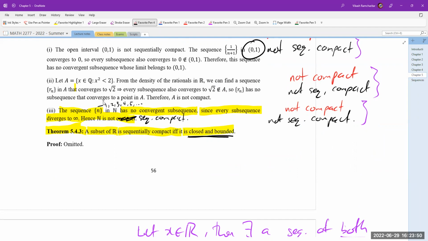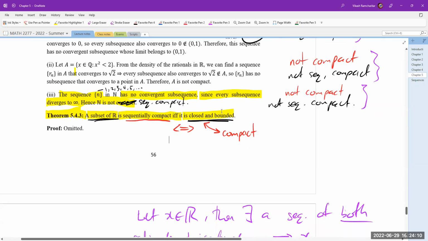Closed and bounded, subset of R. What does Heine-Borel tell us? Heine-Borel tells us this is the same thing as compact. Okay, sequentially compact is the same thing as compact. It's just another way of measuring it.